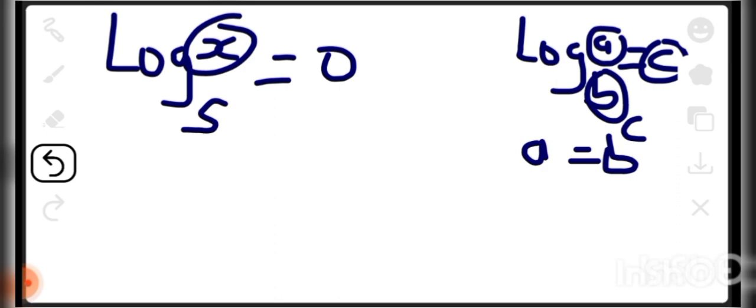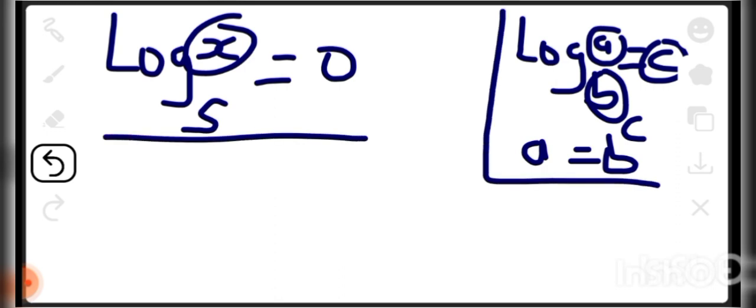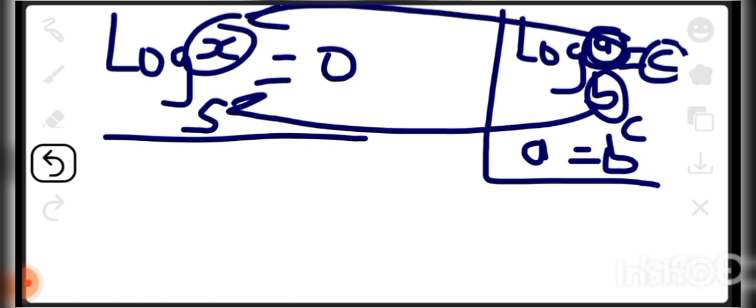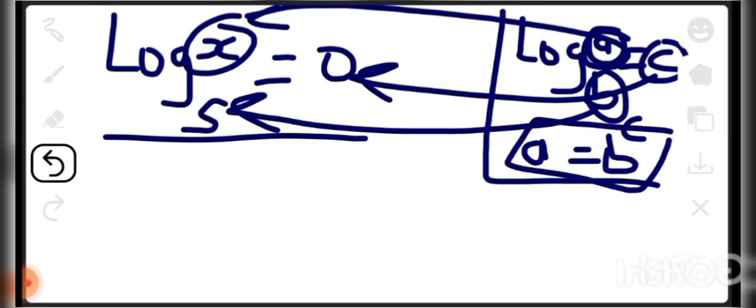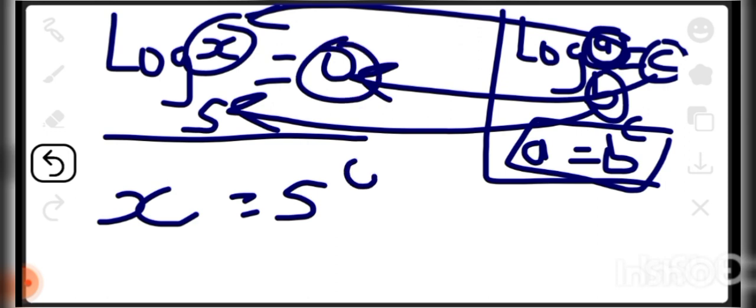So following this same rule in this particular question, what is representing A here? x. What is representing B? 5. What is representing C? 0. So applying the same rule, our x must be equal to the base, which is 5, raised to power the other side, which is 0.